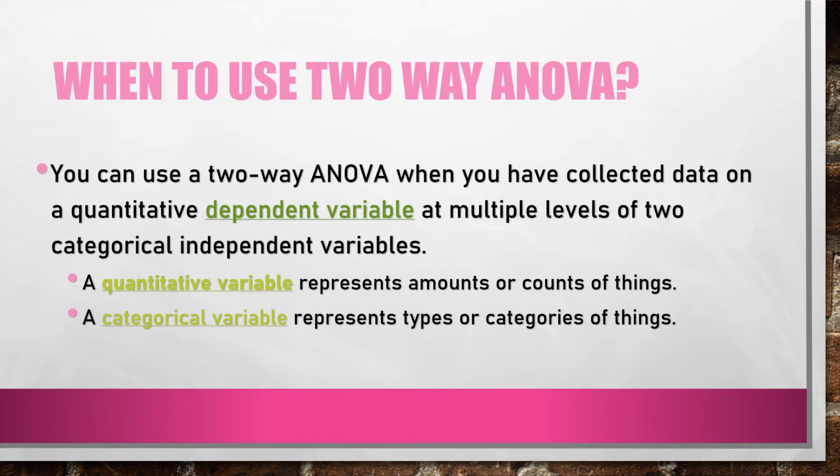A quantitative variable represents amounts or counts of things, and a categorical variable represents types or categories of things. A quantitative variable can be divided to find a group mean, while a categorical variable level is an individual category within the categorical variable.